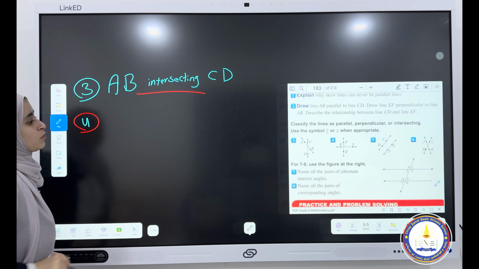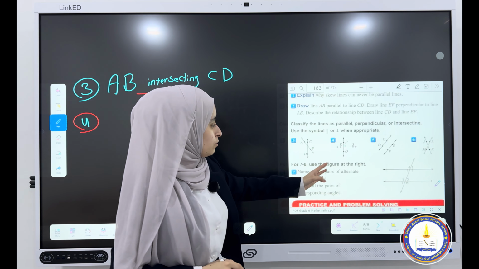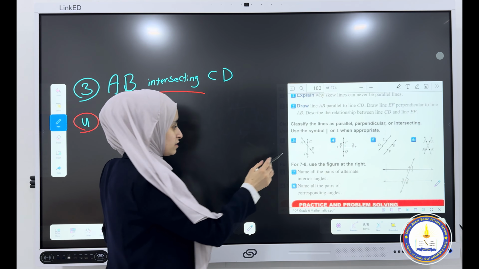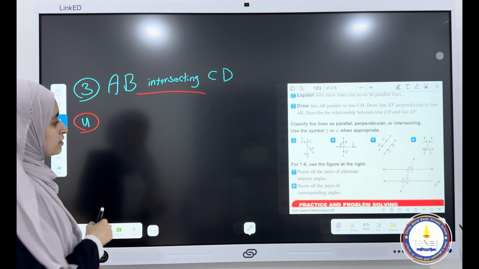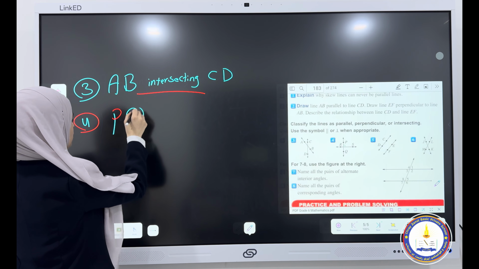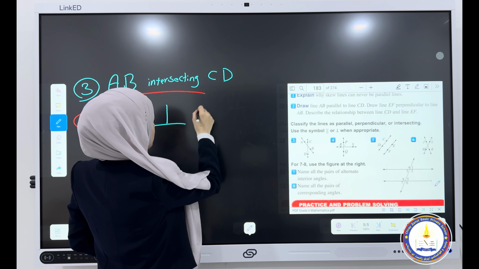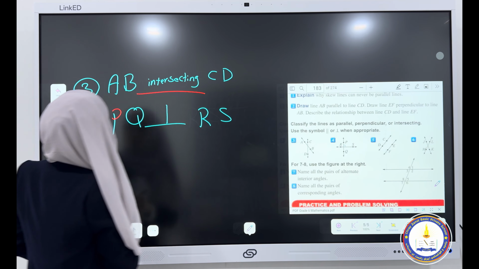Then question 4, P, Q, R, S are perpendicular to each other, as we have this symbol. So we can write PQ is perpendicular to RS.